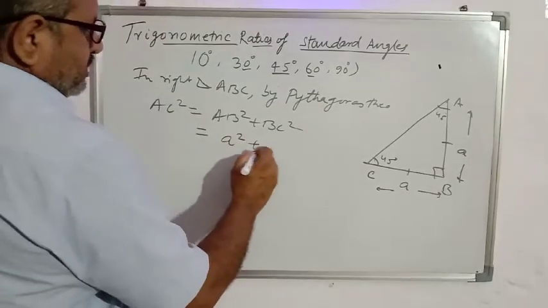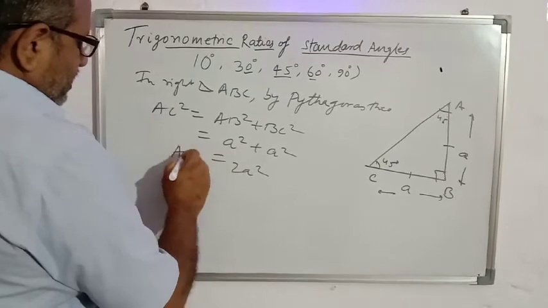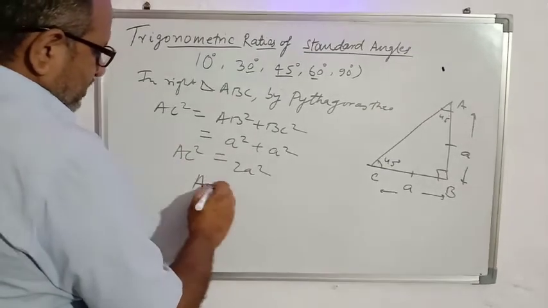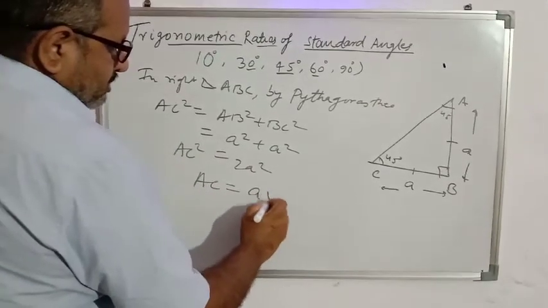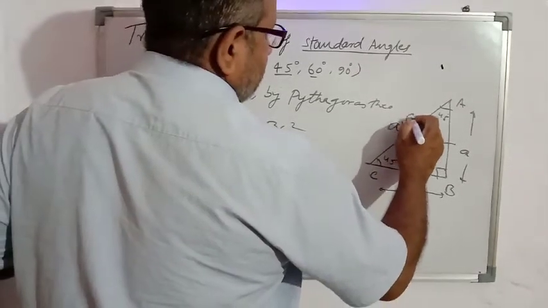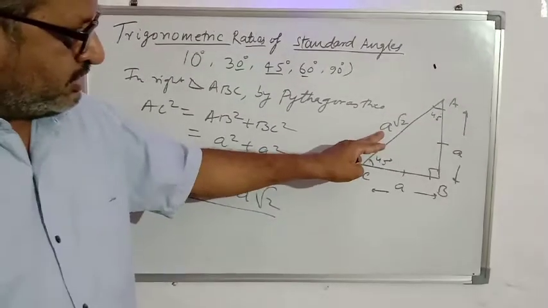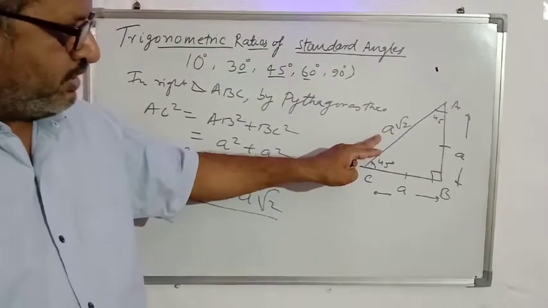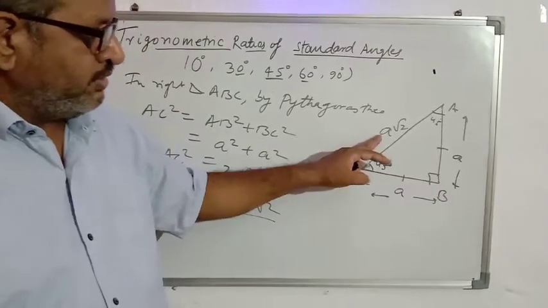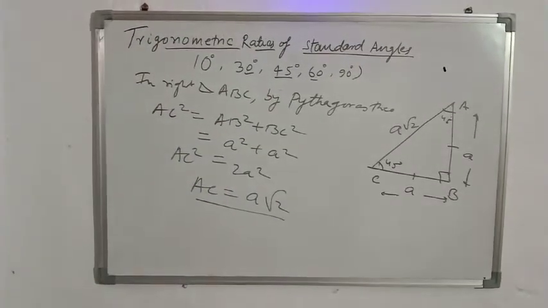AB is A, so A square plus A square is 2A square. AC square is 2A square. We take the square root, so AC will be A root 2. Using Pythagoras theorem, we have found the hypotenuse. Now all three sides are known, and we can write the trigonometrical ratios for 45 degree.